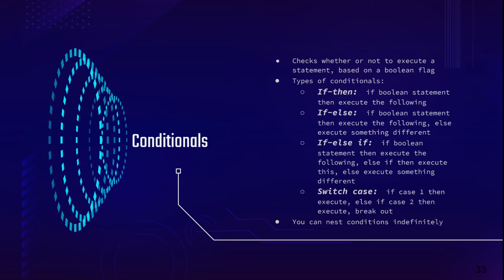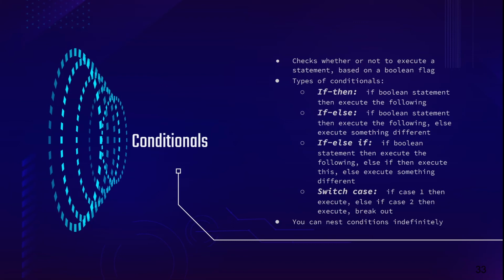You just have to have something that has only one correct answer. It doesn't have to just be bool. If-else, and I could just write then, but anyway, if-else is going to have an if statement, then right underneath that is an else statement. So if the Boolean statement is valid, then execute the following. If it's not valid, or else, execute something different.